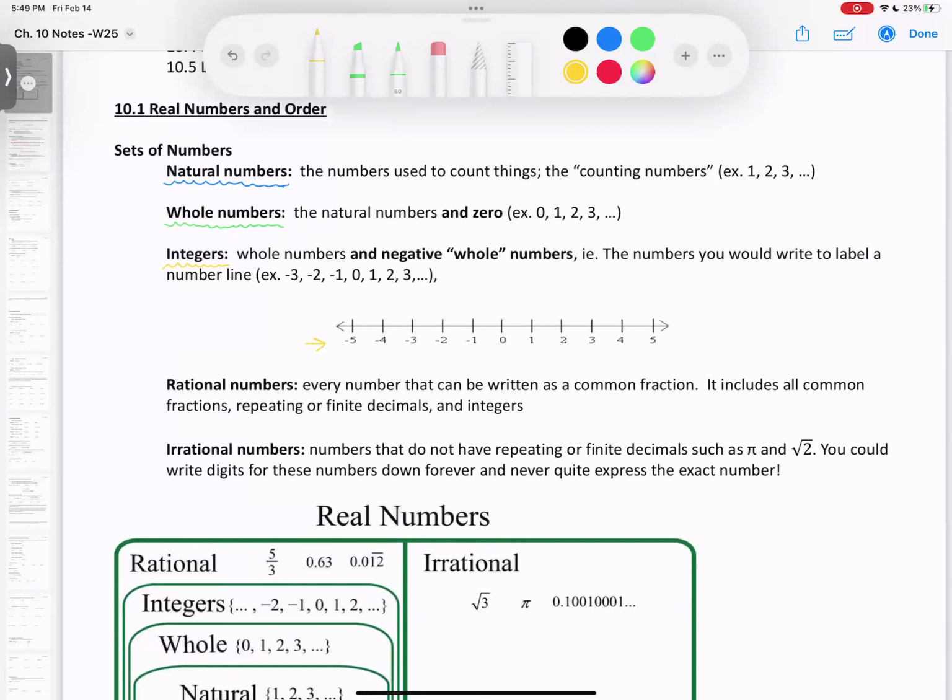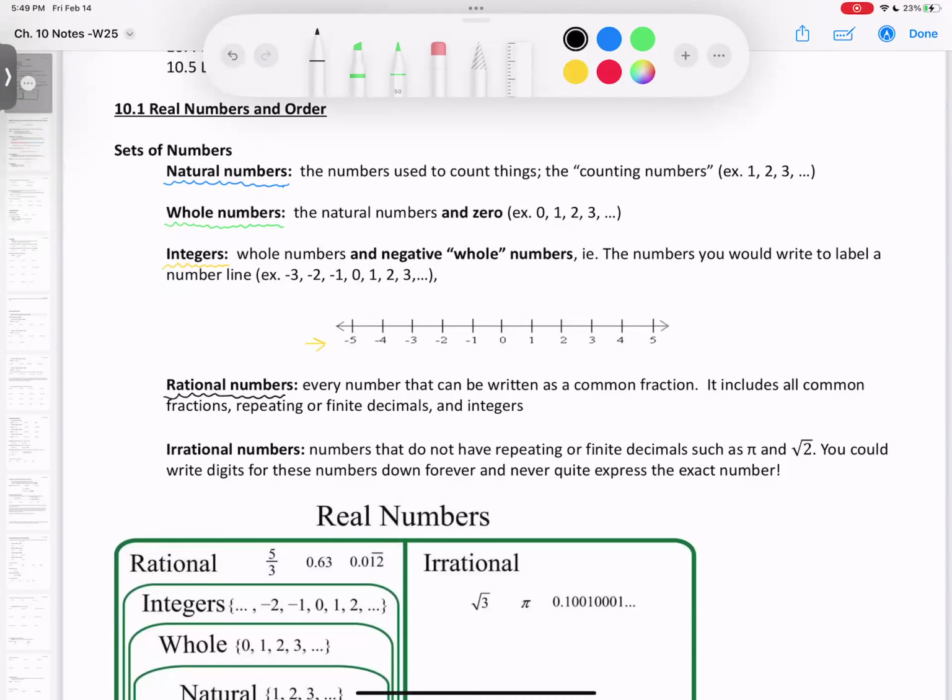The rational numbers is an even larger set of numbers. And this is the set of numbers that includes every number that can be written as a fraction. So think of the integers we've just talked about. Think about -2. Can that be written as a fraction?